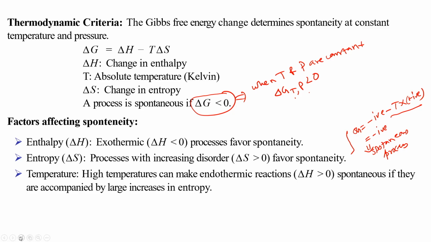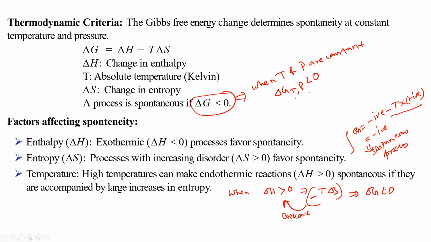Now in another case, high temperature can make an endothermic reaction, when delta H is greater than 0, spontaneous if it is accompanied by a large increase in entropy. Now the second case is when delta H is positive, greater than 0, then minus T delta S has to overcome the value of delta H, and then only we get delta G less than 0.